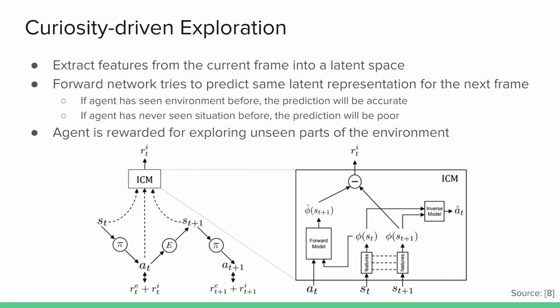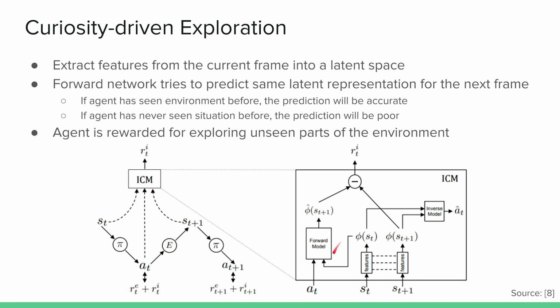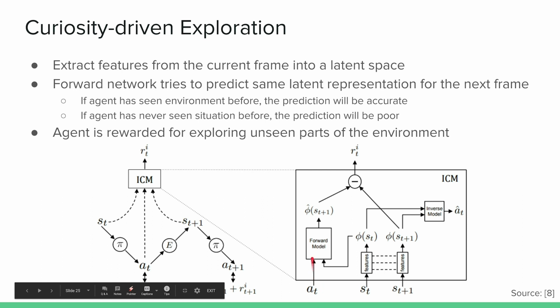So let's take a look at the figure. So that is our agent here. We have a policy, which takes an action, and we move into the next state. And this is the interesting part here. So we have the state S at the time step t. We can extract some features. And we have a forward model, which tries to predict, given the representation from the last state and the action that we're taking, the same representation of the next time step.